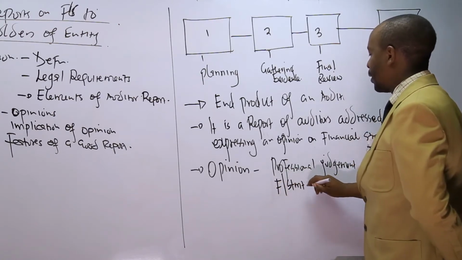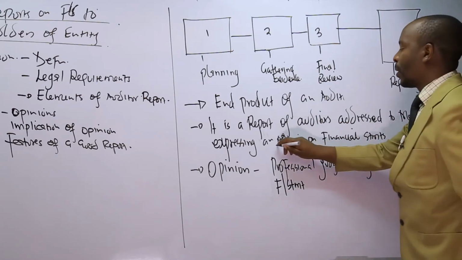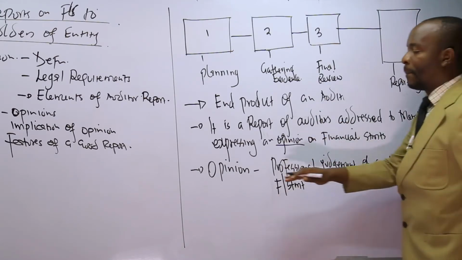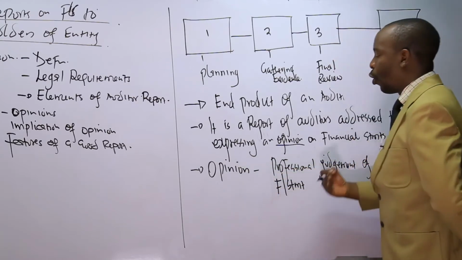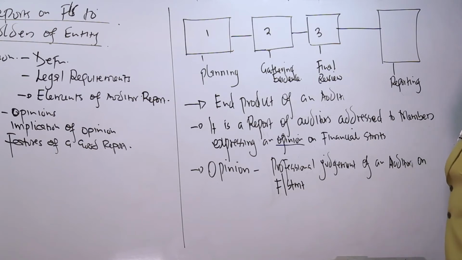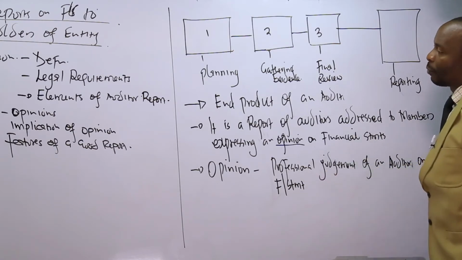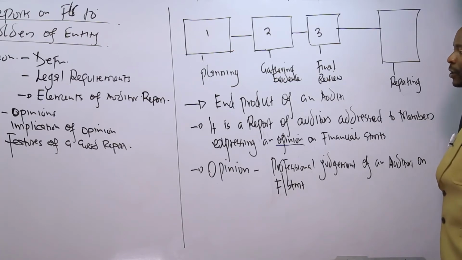So if you are an auditor and you write a report, your report must contain an opinion. The opinion expresses your personal judgment in relation to those financial statements. Once you express that, you have given the opinion concerning the company's financial statement.